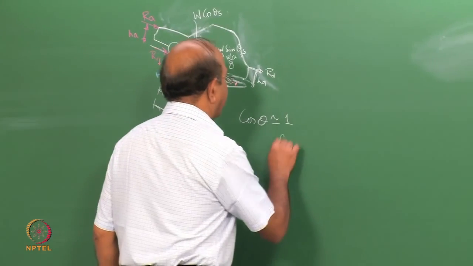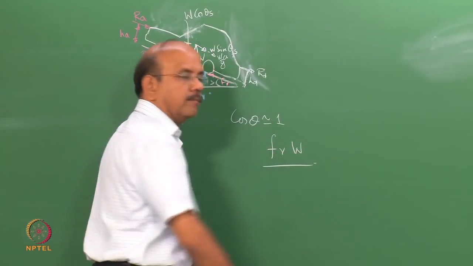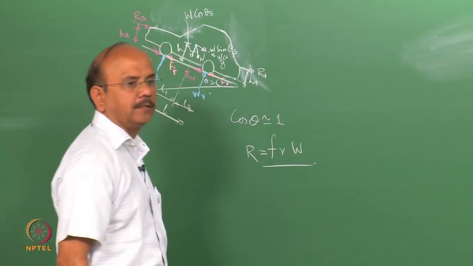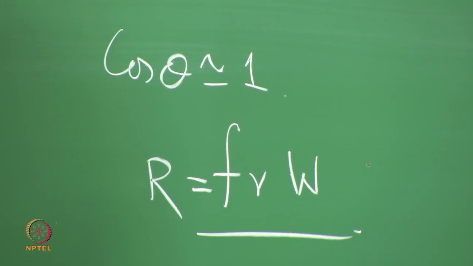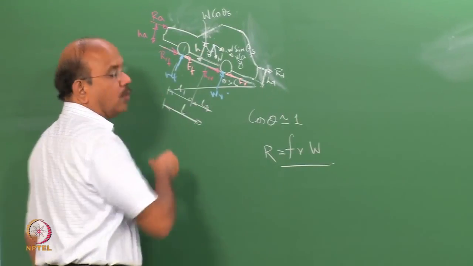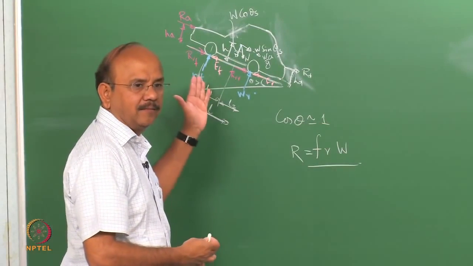In other words, I said that I will replace the rolling resistance force by means of a rolling resistance coefficient, Fr into W. Actually, the W has to be in this direction, and so I have to resolve it and put it as W cos theta s, okay?